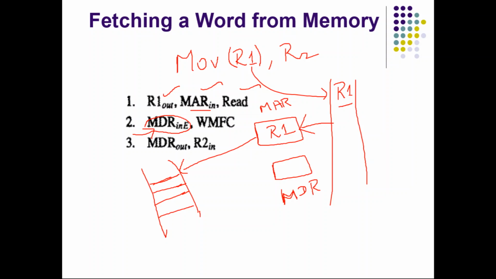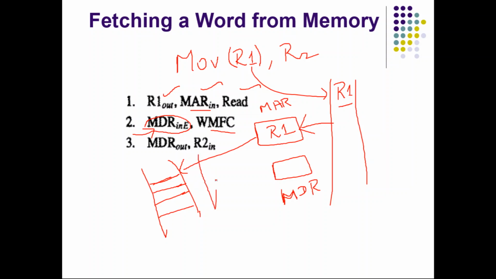We don't want to waste the time, not even a few microseconds. Anyway you cannot read until MFC is activated. But what we are doing is keeping MDR in E already activated.